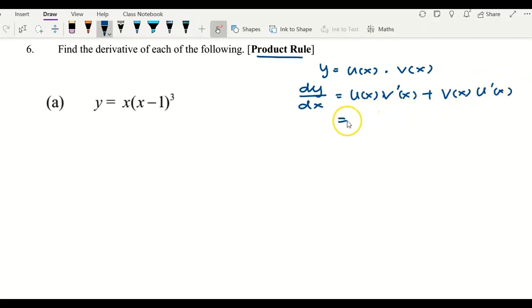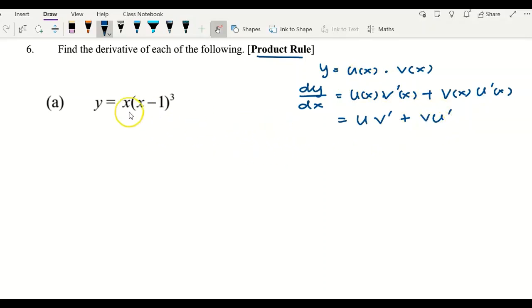In short, the formula is u v prime plus v u prime. It means you copy down one of the functions, differentiate the other function, plus you copy down the other function and differentiate the first function.